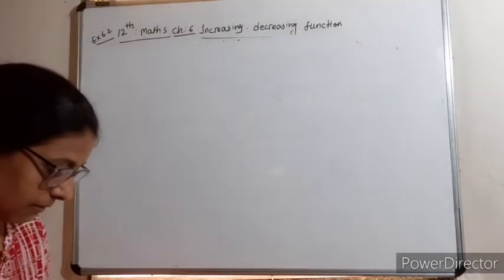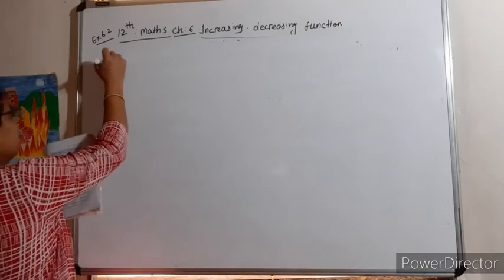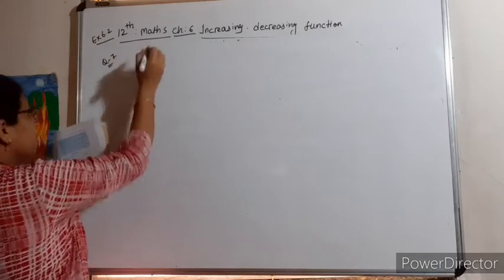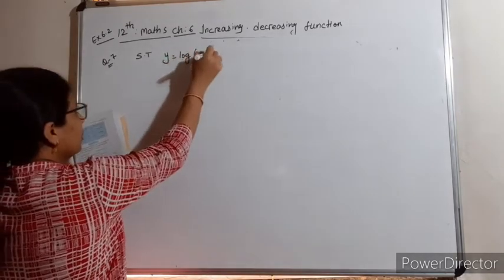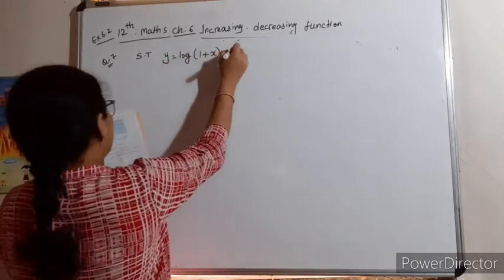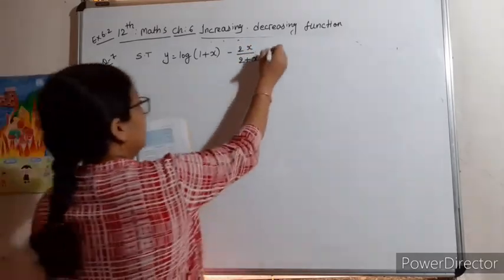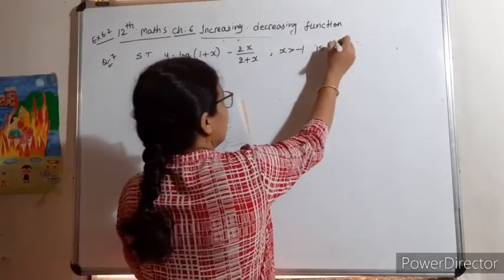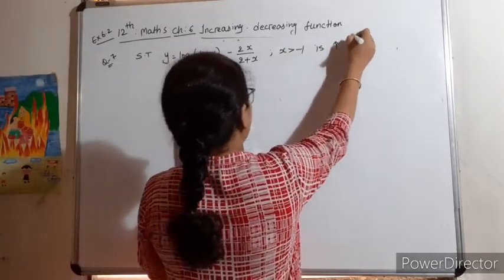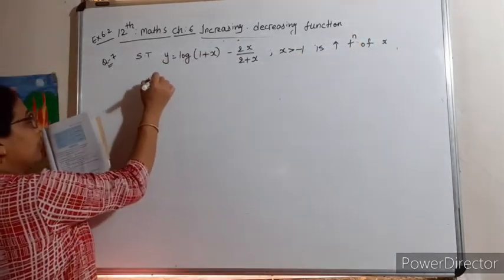Now question number 7 is, show that y is equal to log of 1 plus x minus 2x upon 2 plus x, where x is greater than minus 1, is increasing function of x throughout its domain.